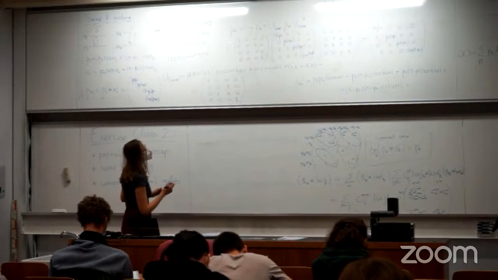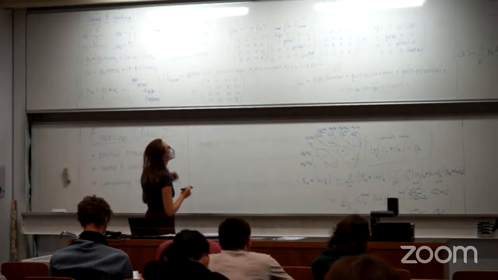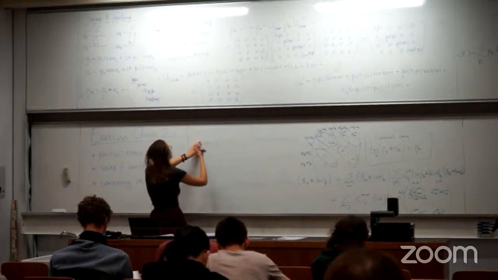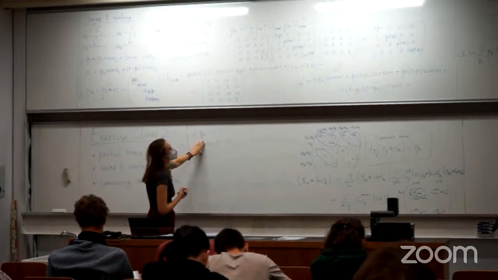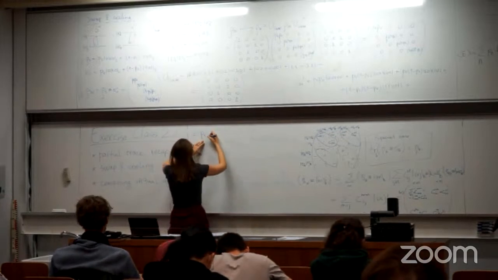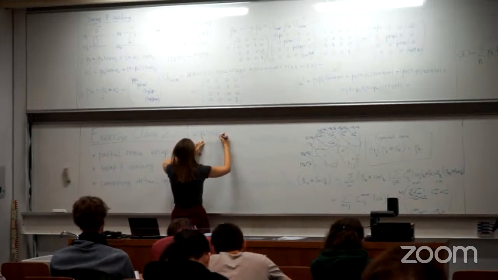Okay, so what kind of state do we have here? For example, we just take out for the first two terms PV 0, 0 on the first system.